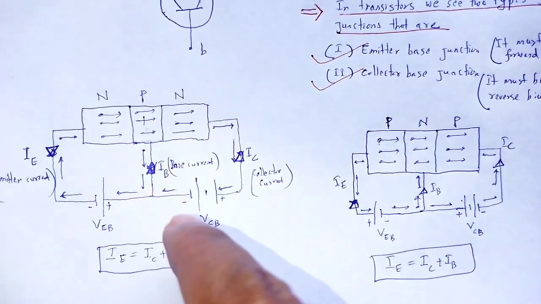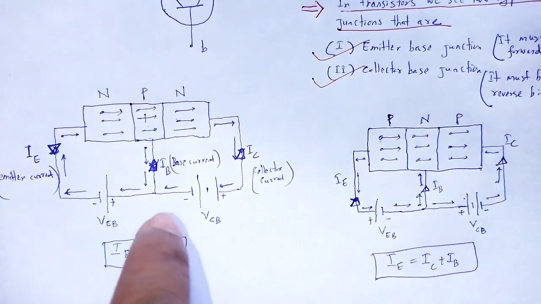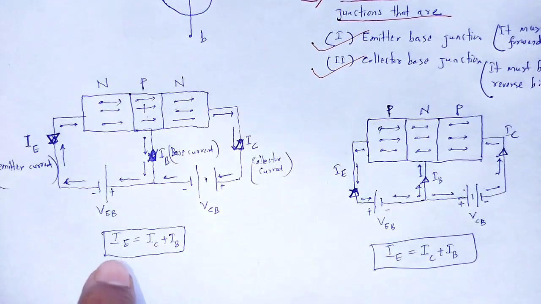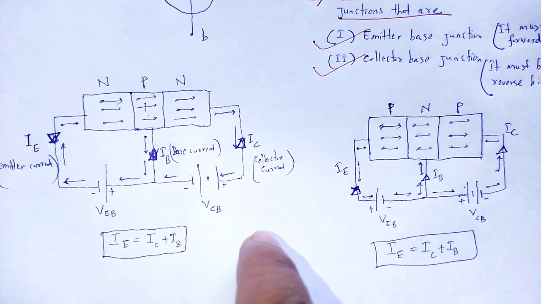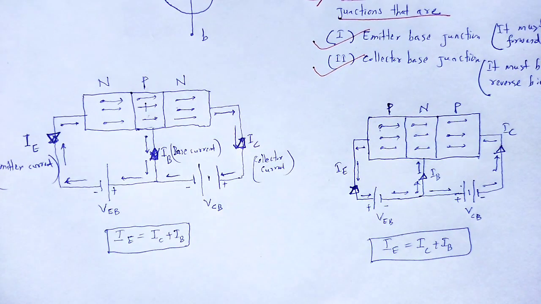And finally, we showed that the emitter current is the sum of the collector current and base current. So, with these useful and informative notes, let me wind up this session.